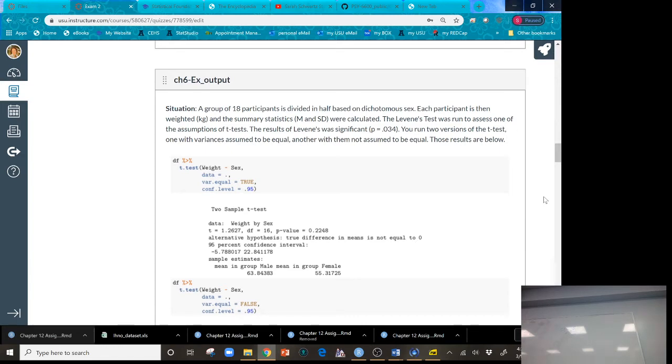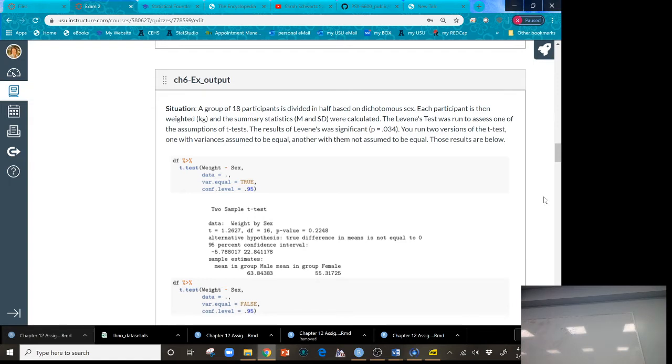Levene's test was run to assess one of the assumptions. The results of Levene's test, what does this Levene's test p-value equals 0.034 tell us? There's a significant difference between the variance or standard deviation, the spreadness in those 2 groups.